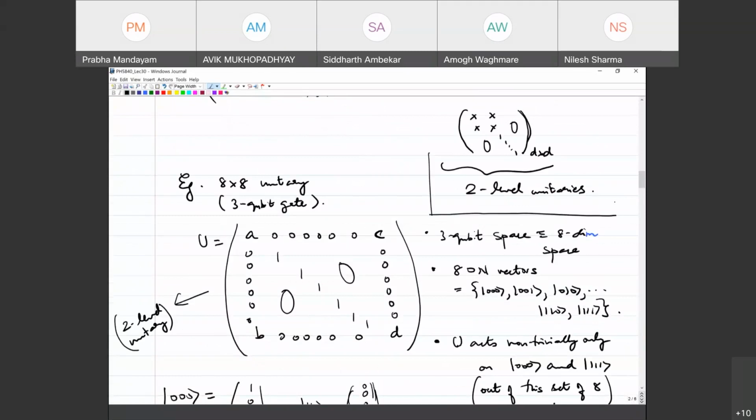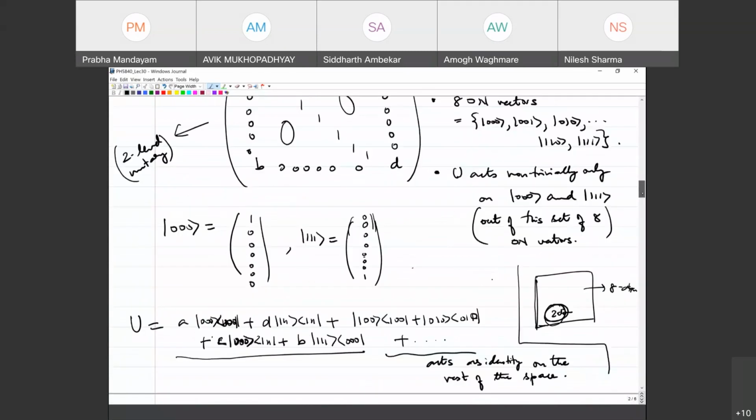So this is a space on which it acts non-trivially, this little circle here. What does it do on the rest of the space? It does not destroy the states. It basically acts as identity on the rest of the states, so it leaves all these states invariant.